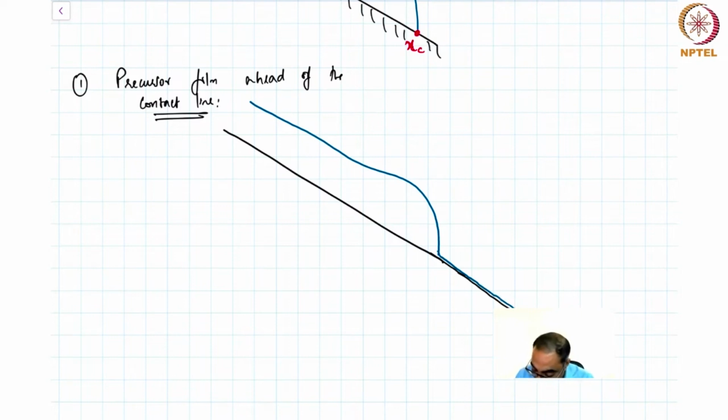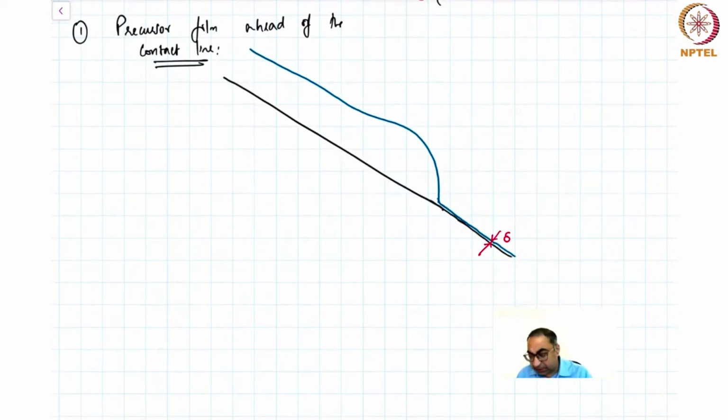The thickness of the film is unknown and has to be determined as part of the solution. Let's call this thickness delta. The argument is that if you have a very thin film in front of the contact line, then you don't need to deal with the singularity at the contact line. So this is the precursor film model, and the exact problem of a thin film down an incline that we have studied with the singularity has been attempted by several scientists using this precursor film approach.